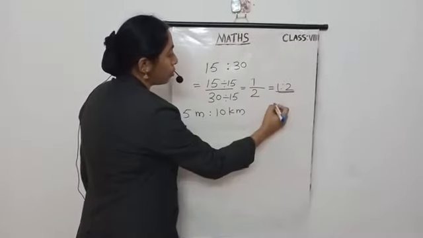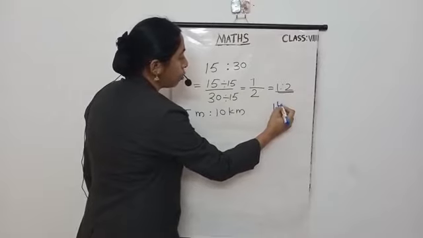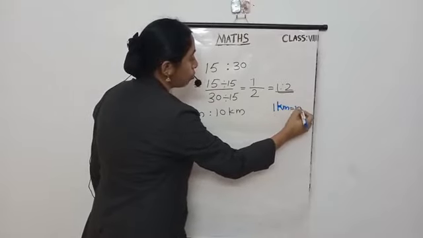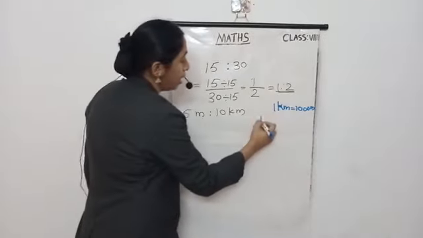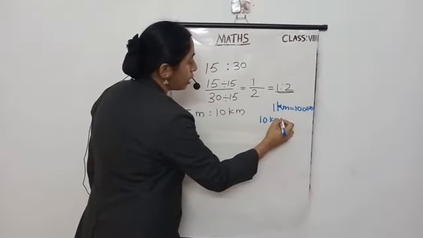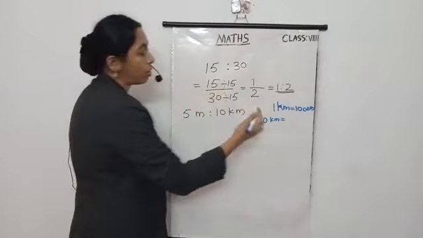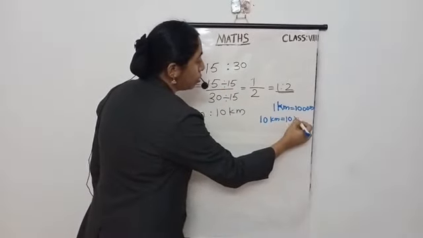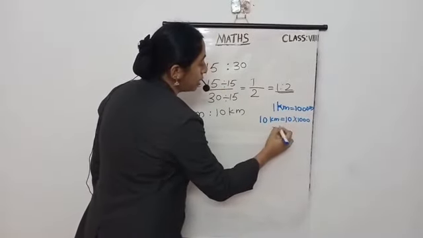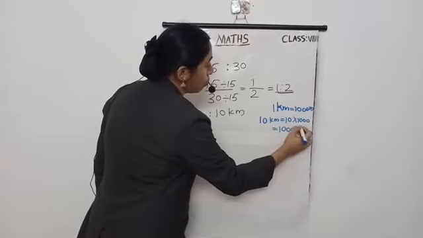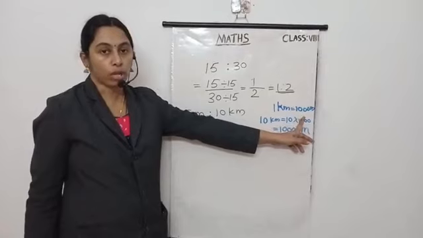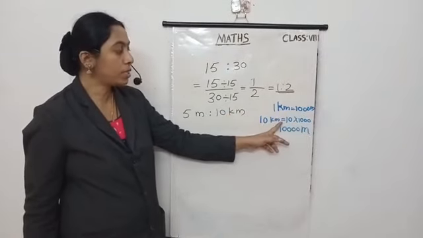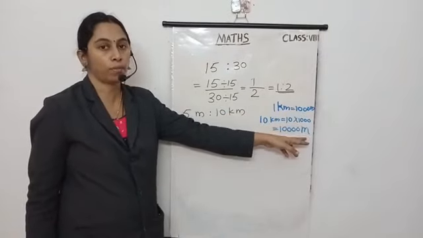Now you know 1 kilometer is equal to 1000 meter. 10 kilometer equal to 10 into 1000. That is 10,000 meter.